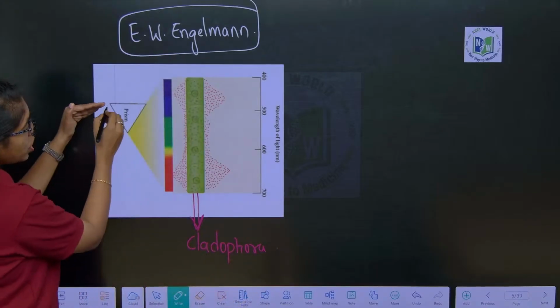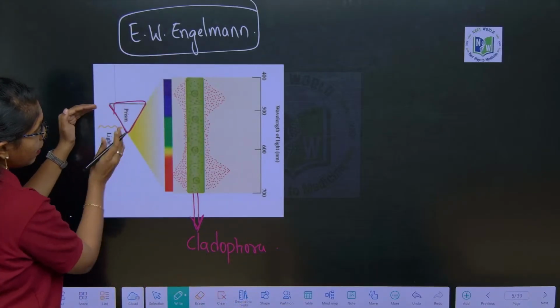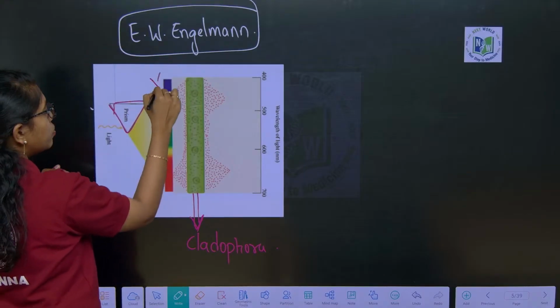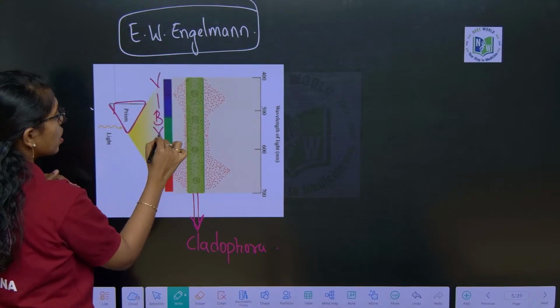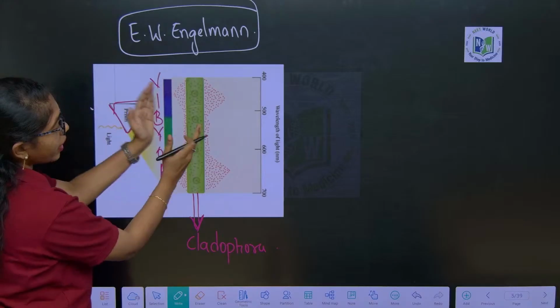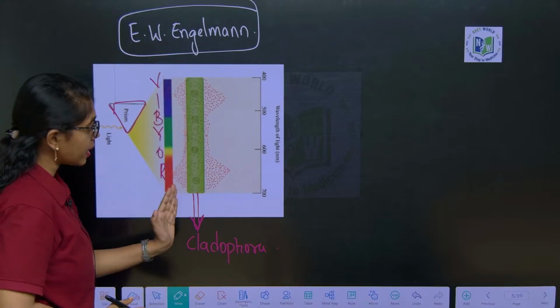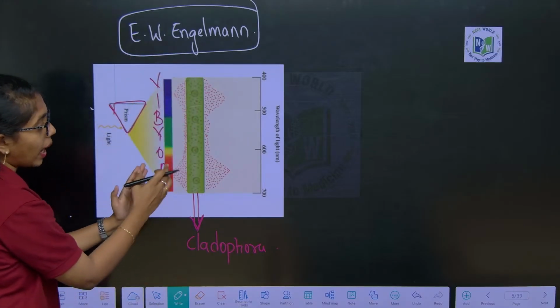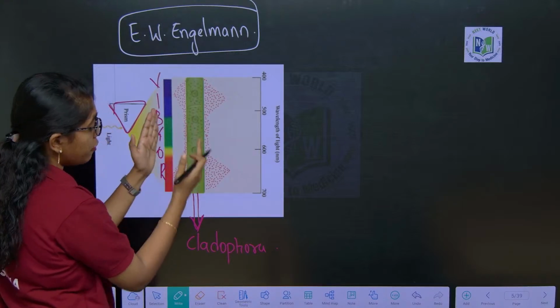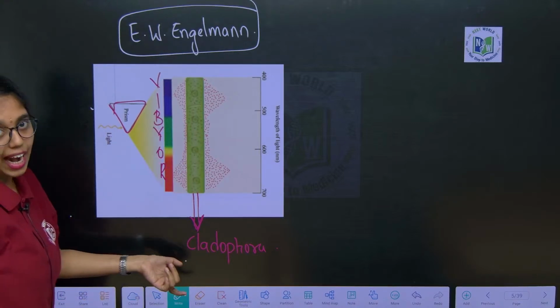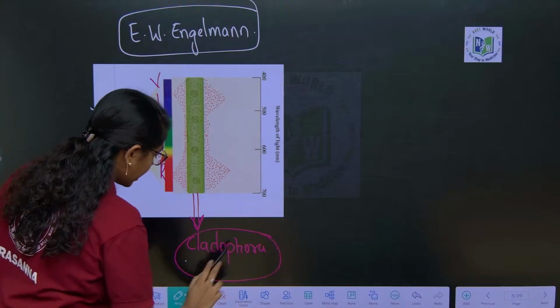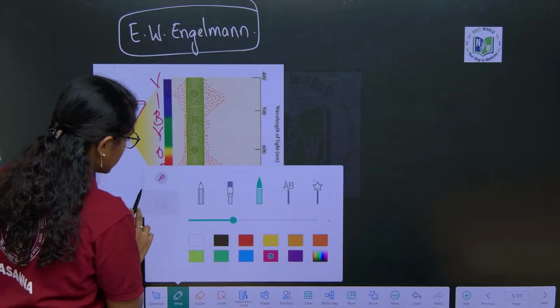Light exposed through a prism is scattered as VIBGYOR, splitting out the 7 different colors. This spectrum is exposed to the filamentous alga called Cladophora.